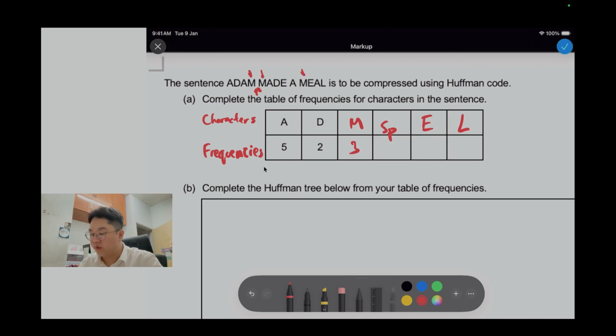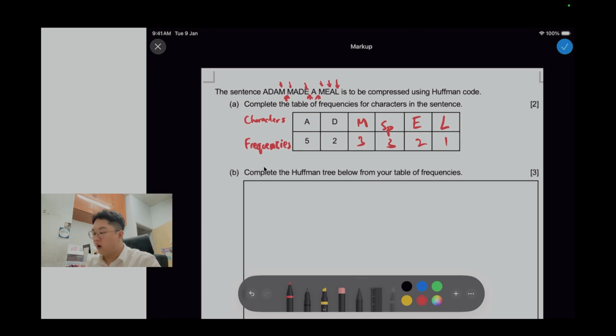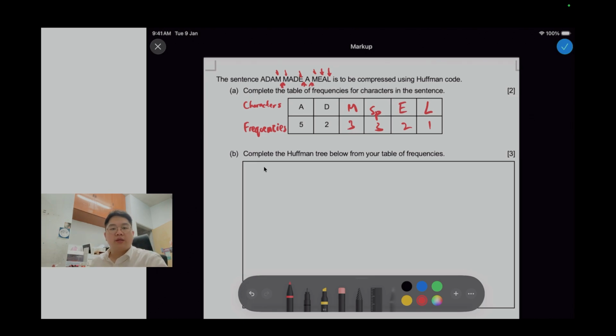And then we have 3 spaces as well, 1, 2, and 3 spaces there. And then E has a frequency of 2, and L is just right there, so that's 1.